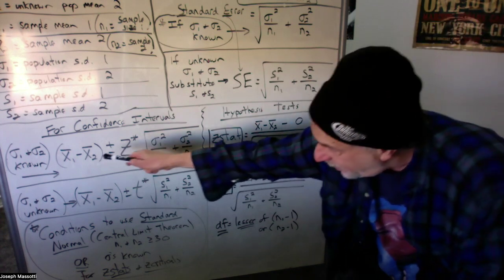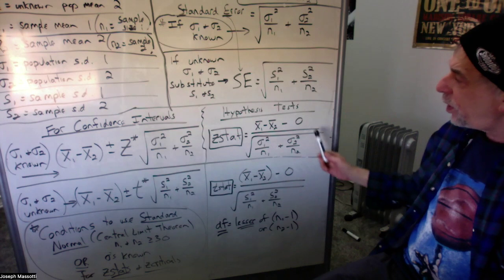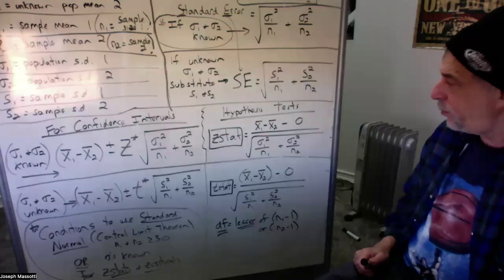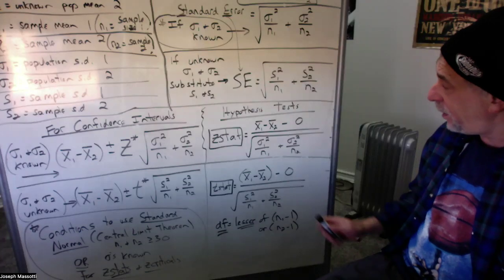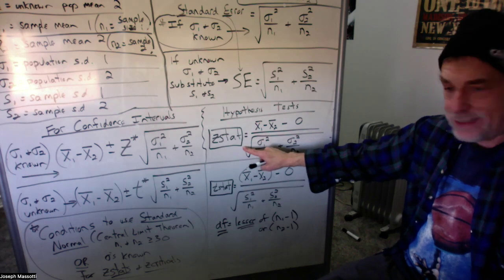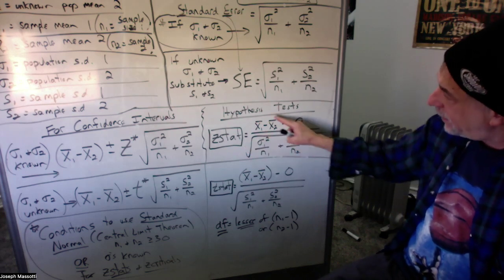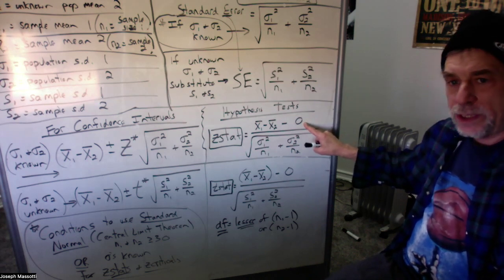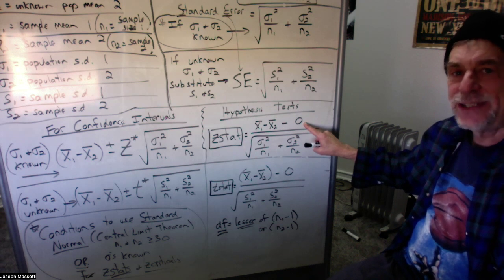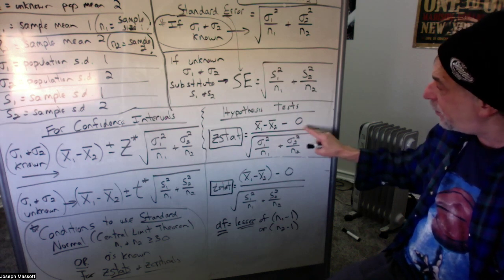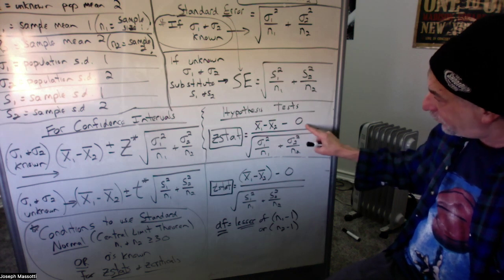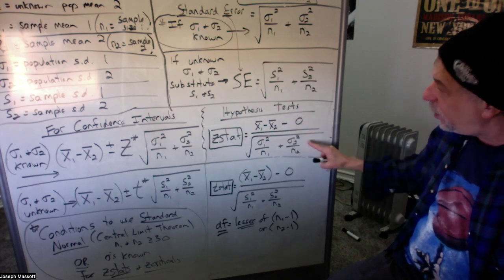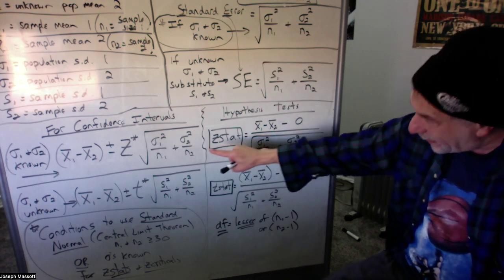So once again, if the standard deviations are known, we're going to use a z test statistic and the standard normal distribution in step 3 to find our p-values. And we know the form of our z statistic, the estimate, again, minus the hypothesized value of the difference. And we're going to always, under the null hypothesis, say there is no difference between the two population means. So that value is going to be 0. Right? So point estimate minus hypothesized value over the standard error when sigmas are known.